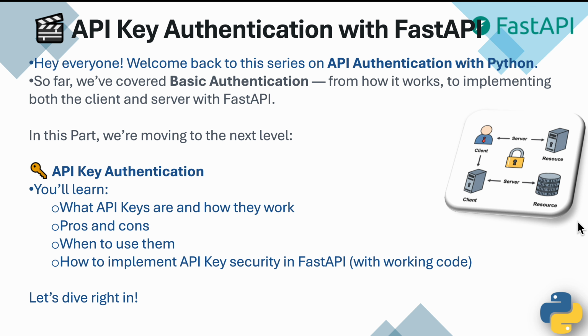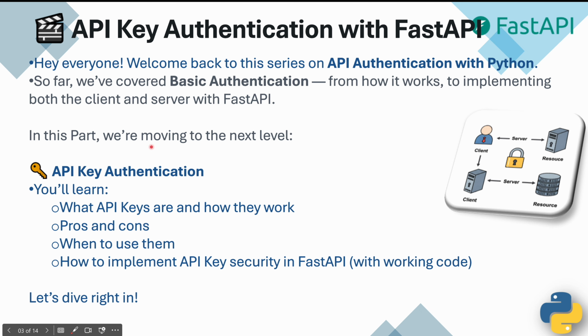Hey everyone, back to this series on API authentication with Python. So far we have covered basic authentication from how it works to implementing both client and server with FastAPI.